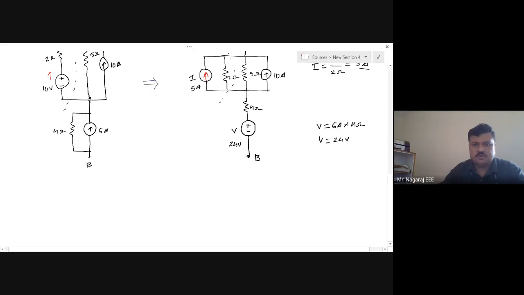From here to here, take effective value of current sources (5 amp 2 ohms) and 10 amps 5 ohms.